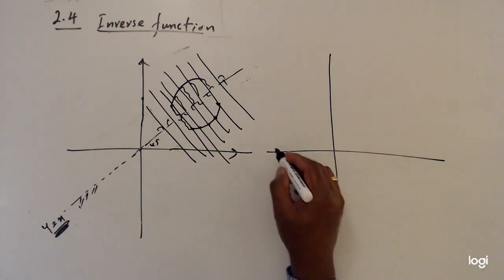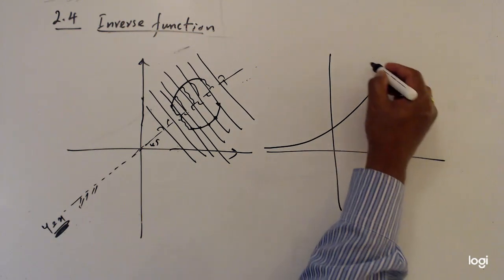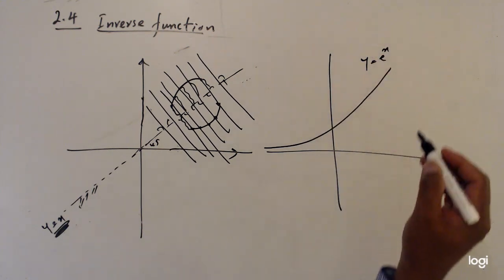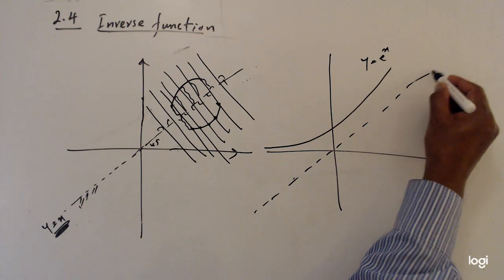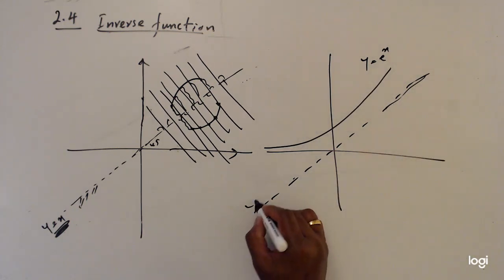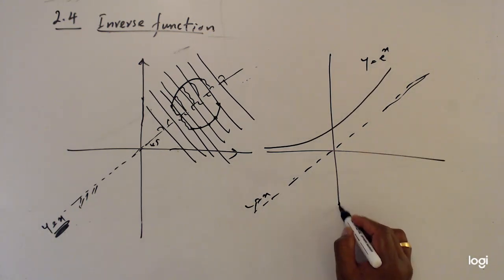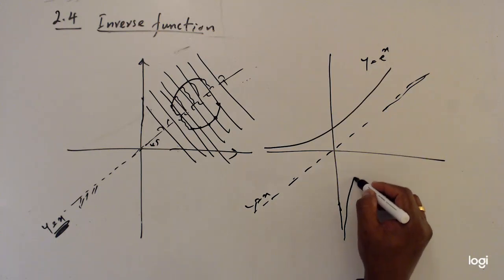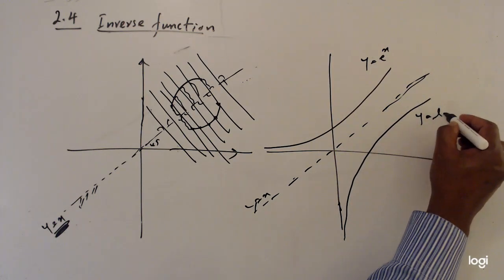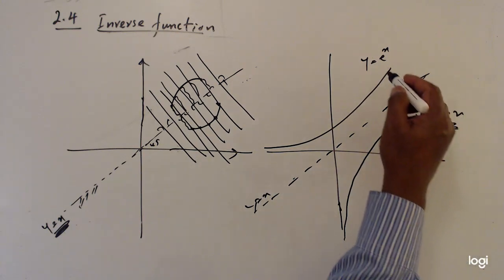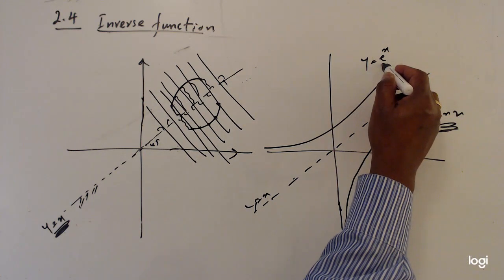Another one, y equals e to the x. This is the y equals x line as a mirror. Then ln x.